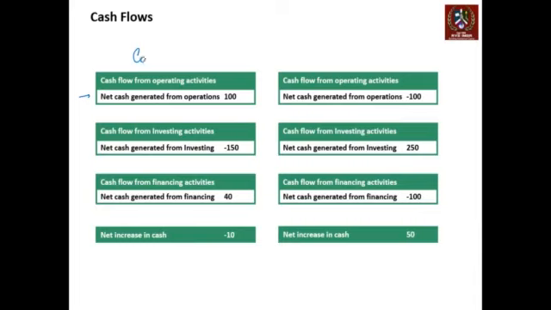For example, let's say we have a company A and a company B. Let's look at both these companies. In these cash flow statements, a positive number is an inflow and a negative number is an outflow of cash, right? So let's look at company A first.